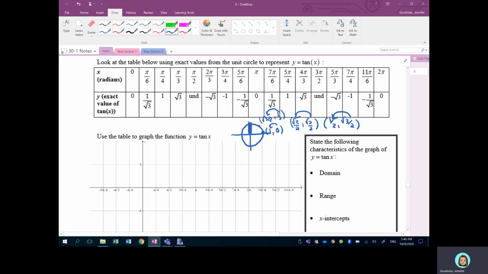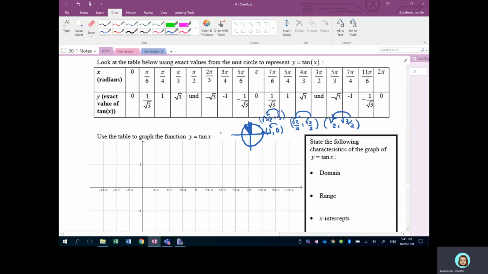At 2 pi over 3, we're going to get the same ratio as we would for pi over 3, but because we're in quadrant 2, it's negative. For 3 pi over 4, we're going to get the same ratio as pi over 4, which is 1, but in quadrant 2, it's going to be negative. At 5 pi over 6, we're getting the same ratio as pi over 6, but in quadrant 2, we're negative.